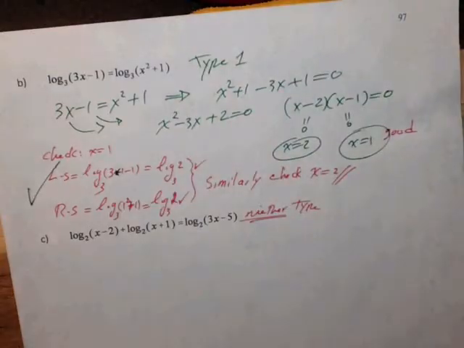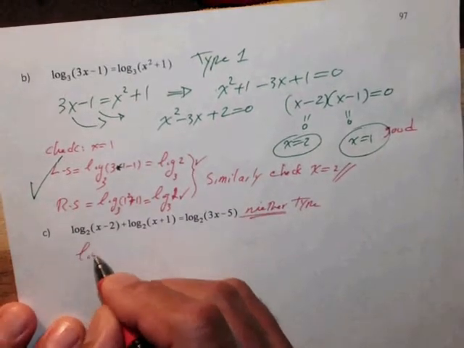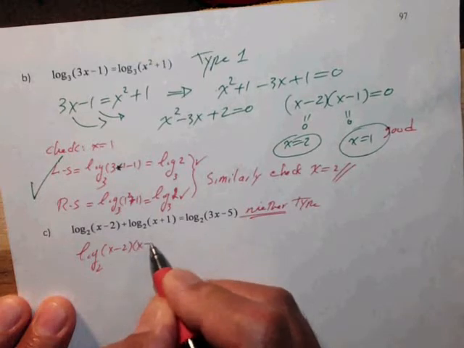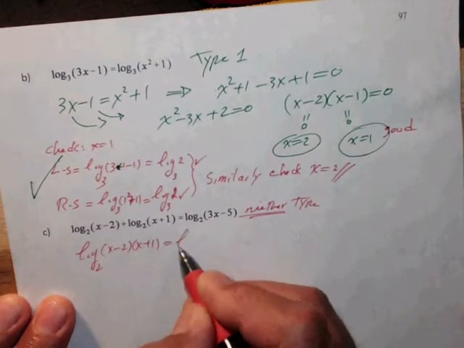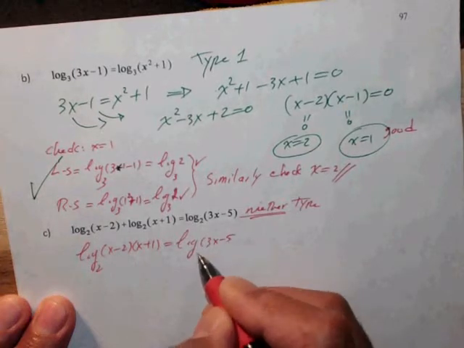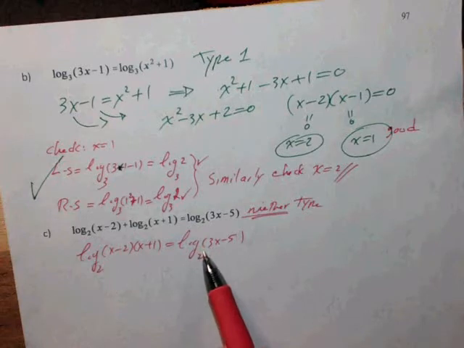So if you use that formula here, then the left side is log to base 2 of x minus 2 times x plus 1 equal to log of 3x minus 5 to base 2. You see, now you have 1 log on the left, 1 on the right, and they have the same bases.